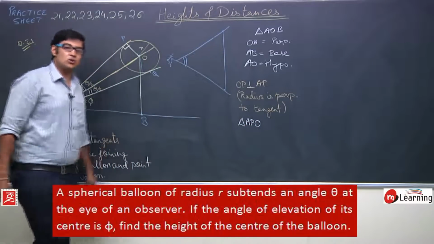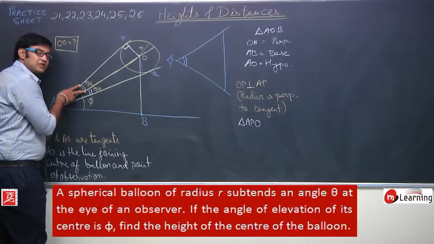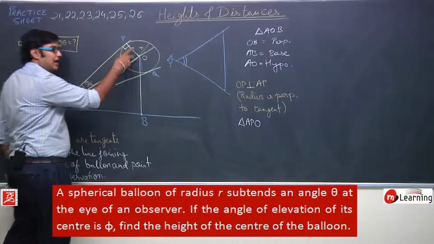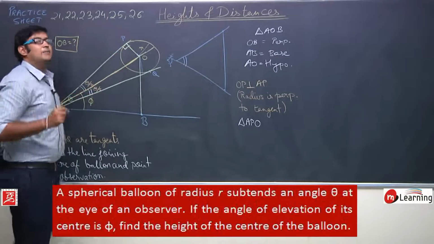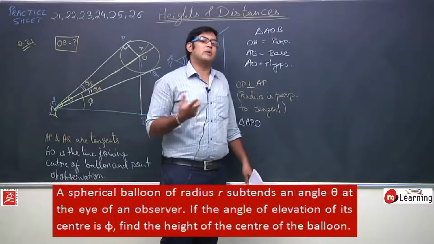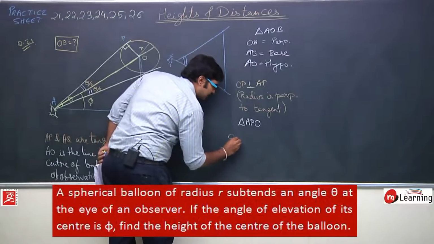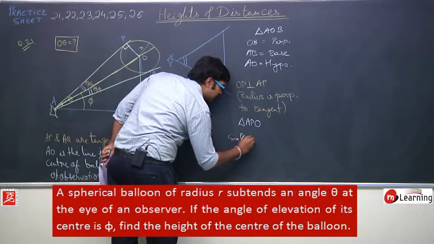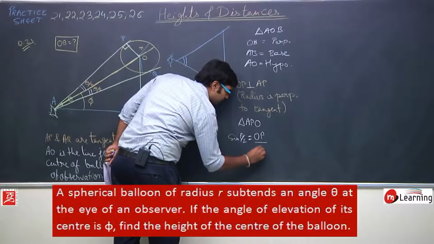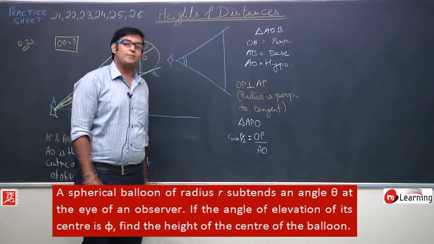In triangle APO, this angle is theta by 2. With respect to this theta by 2 angle, OP is the perpendicular and AO is the hypotenuse. Which trigonometric ratio relates perpendicular and hypotenuse? That is sine. So sine of theta by 2 equals OP, the perpendicular, which is the radius r, upon AO, the hypotenuse.